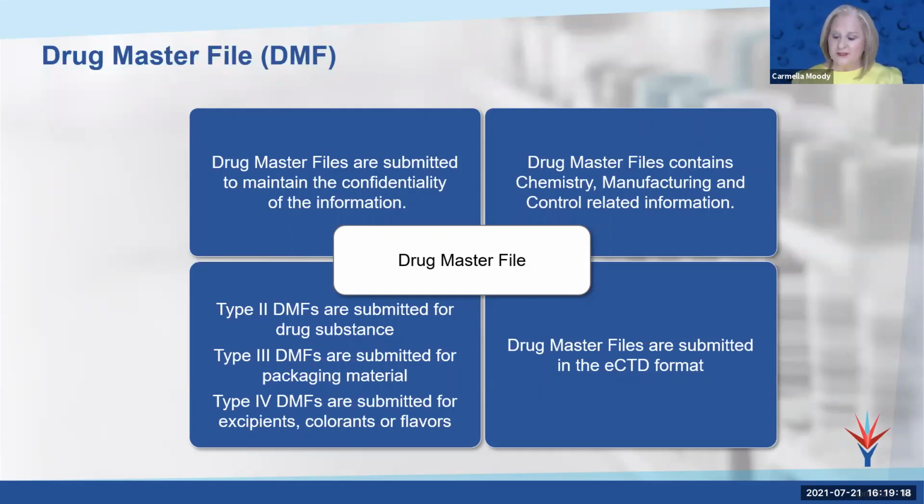Because one of the other things is that when the FDA reviews the drug master file relative to your application, if they find deficiencies in the drug master file, they will send the holder of the drug master file the listing of the specific deficiencies that were found. However, the letter that the group cross-referencing the drug master file gets from the FDA is just that there were deficiencies found.